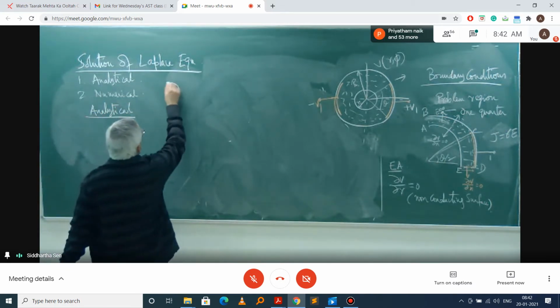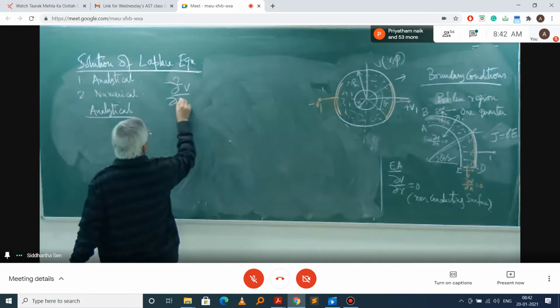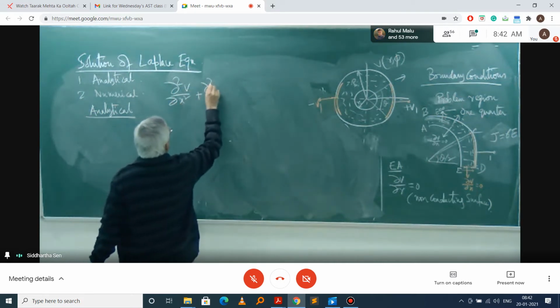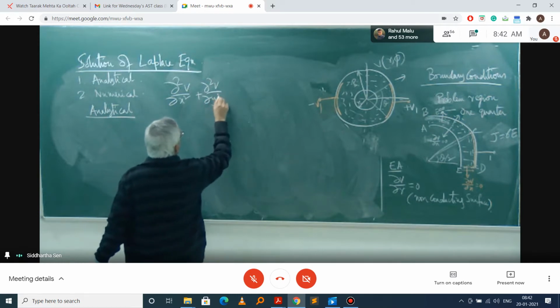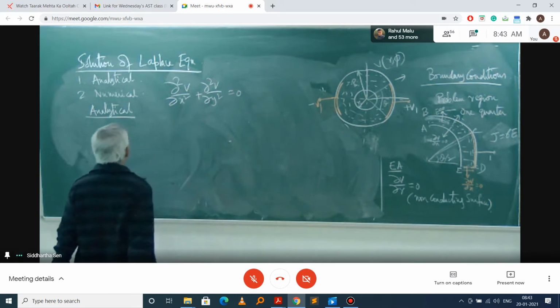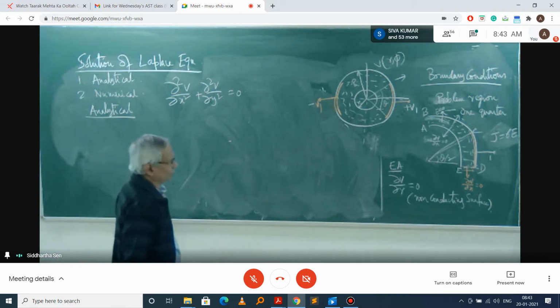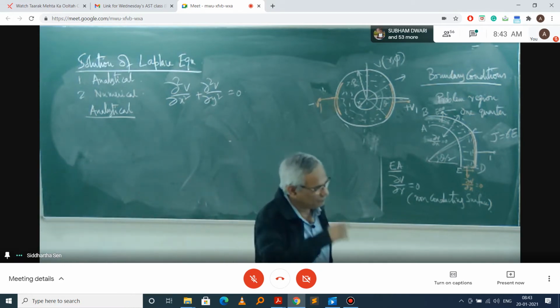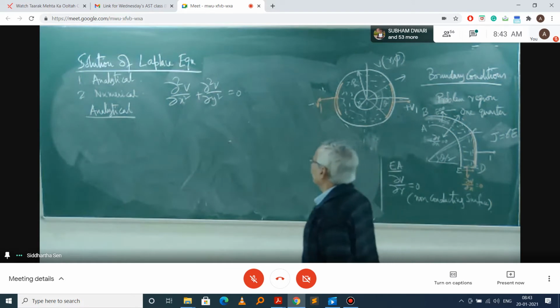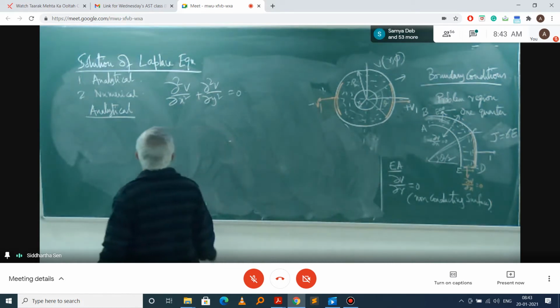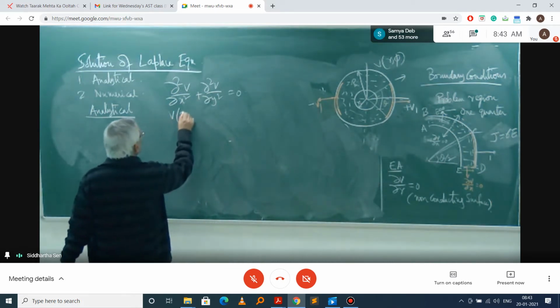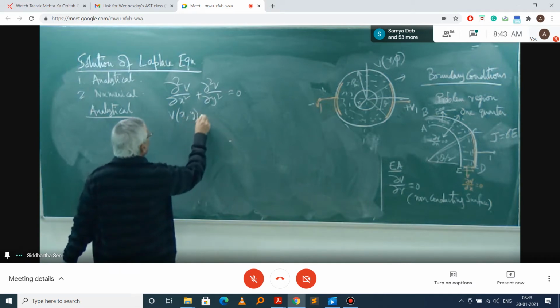So what we have is del 2V del x square plus del 2V del y square is equal to 0. Of course, here it is a two-dimensional problem. 3-dimensional will be more complex. What I need to find out is V(x,y) equal to what?